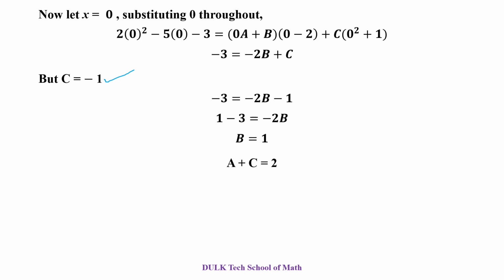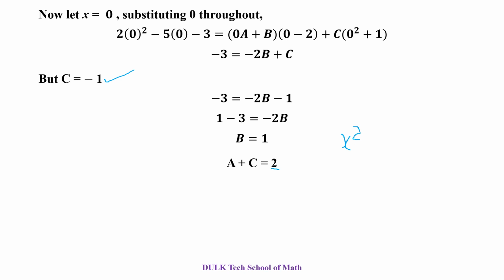Now we want to find the value of a. We can't eliminate b and c at the same time remaining with a. So we are going to equate the coefficients. We are going to equate the coefficients of x squared on the right hand side and the coefficients of x squared on the left hand side. The coefficient of x squared on the left hand side is 2.